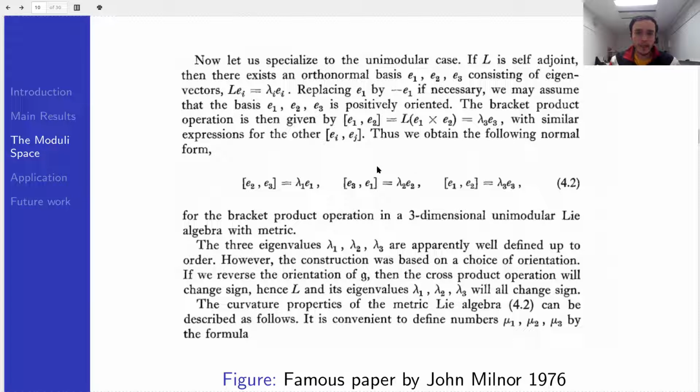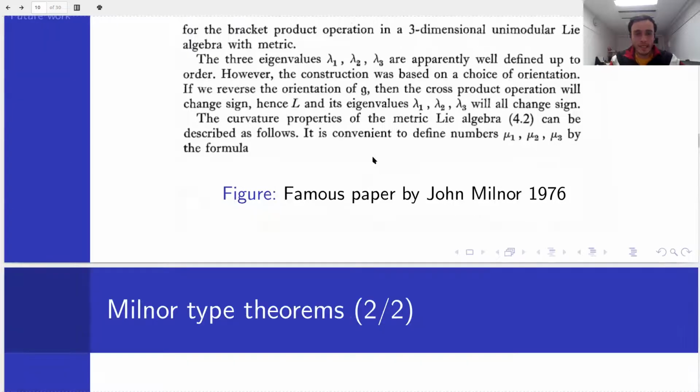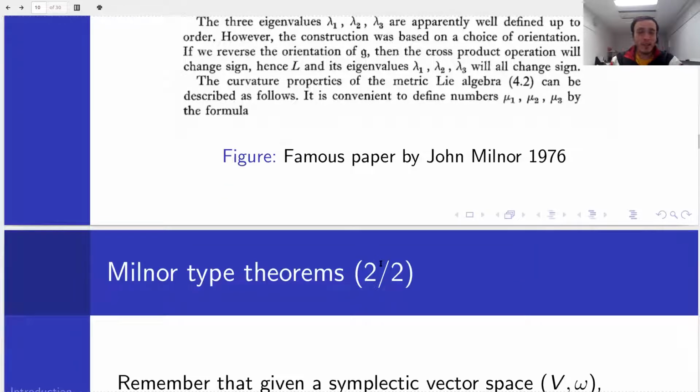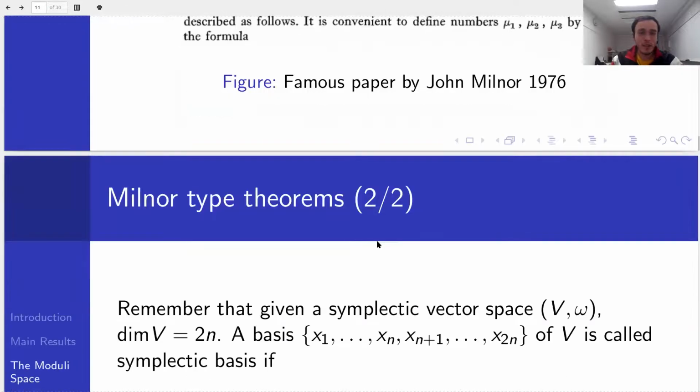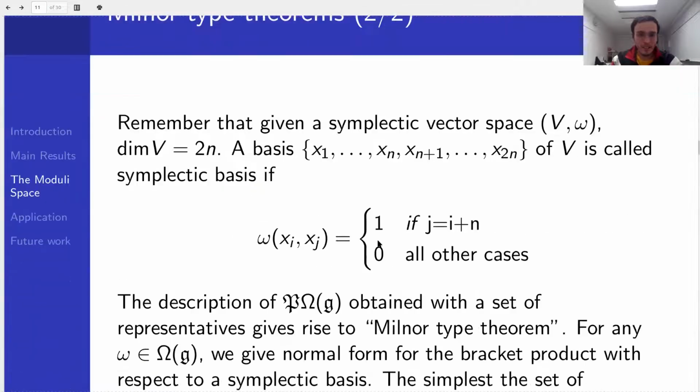So inspired by this result, using the set of representatives, we can introduce the same kind of theorems in this sense.